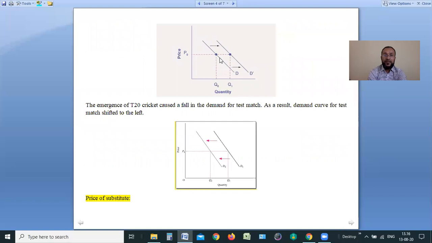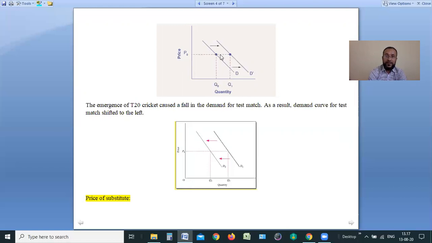So this is the shift in the demand curve for T20 cricket. This is the original price of the T20 cricket ticket for each match. This is P0, and at the beginning, at this price, demand for tickets of T20 cricket was Q0.